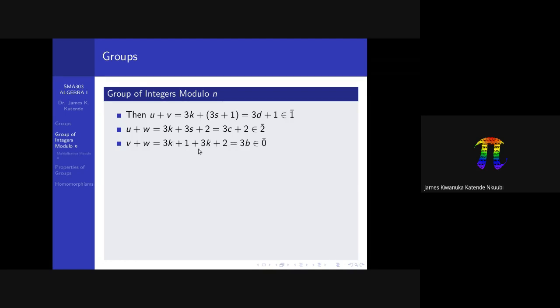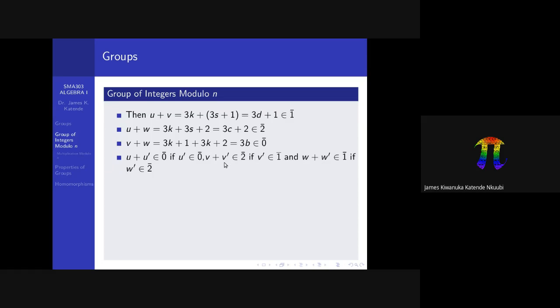And when you add these, you end up with a multiple of 3. So when you add two elements from this set, you get an element in this set, 0 bar. So an element from this 1 bar plus an element from 2 bar gives you an element from 0 bar. So it doesn't matter which elements you pick from the sets, they will all behave like this. So you can just choose to pick a representative.